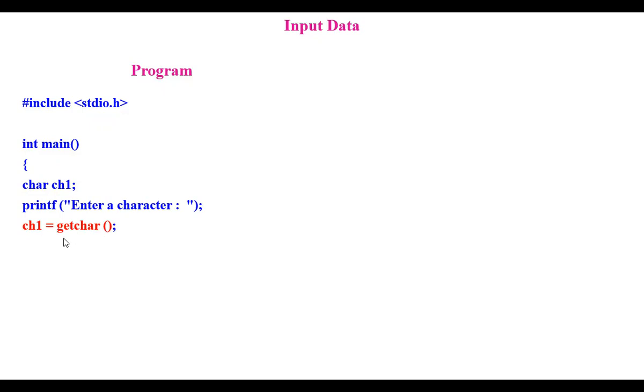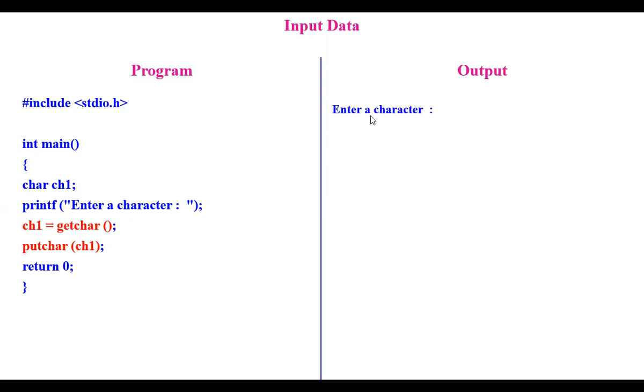Once you input the value, it is assigned to the ch1 variable, so ch1 will be carrying the value which you entered. Next, putchar ch1: whatever value it is carrying must be displayed. Once you write this and execute, it asks to enter a character. I have entered the character A, right?